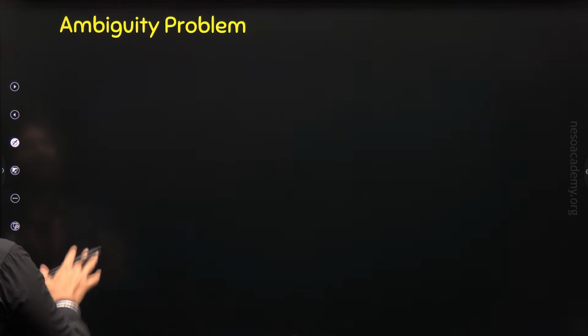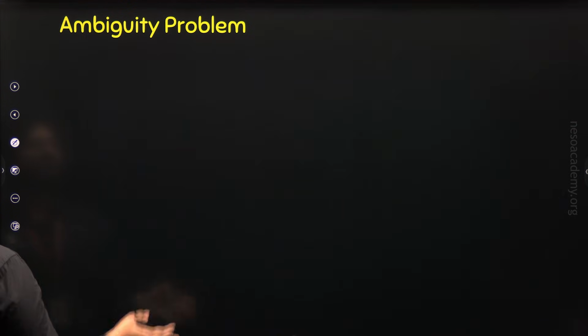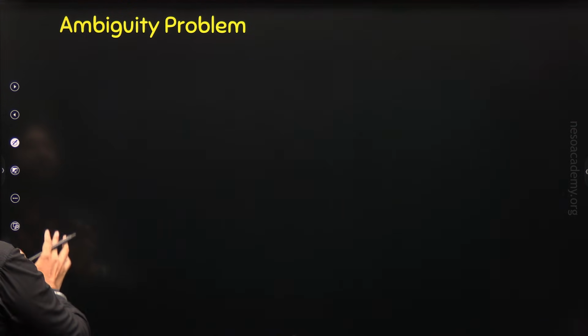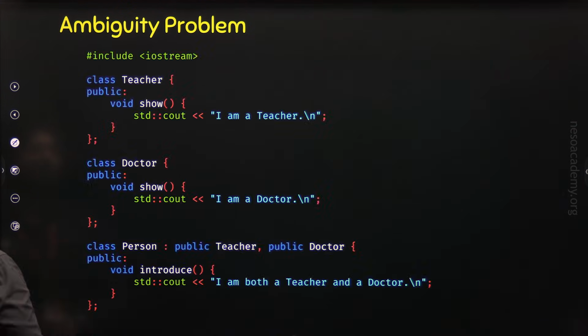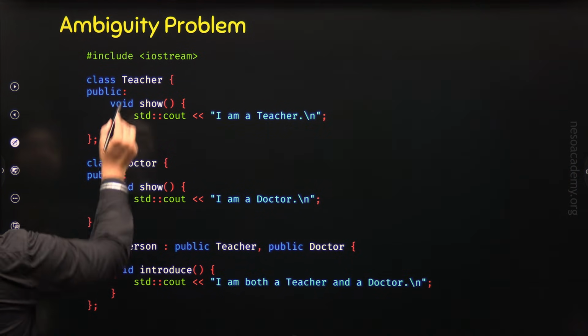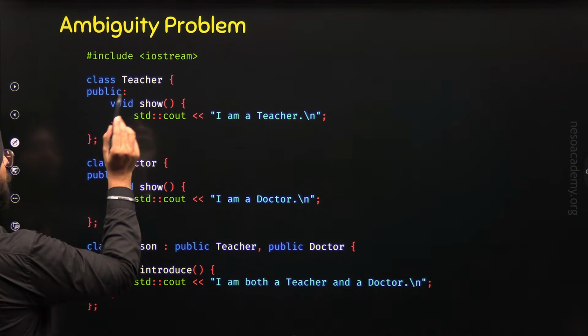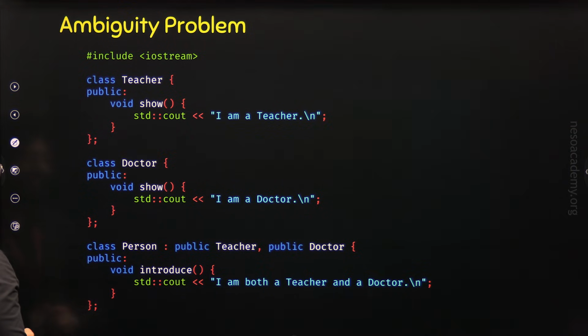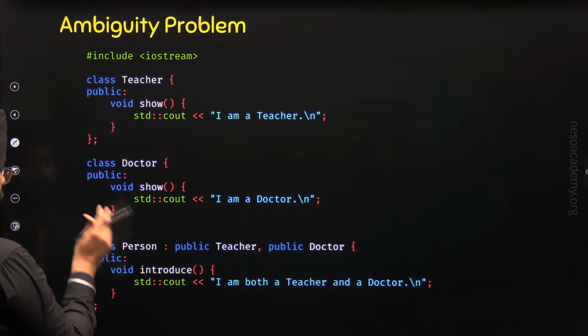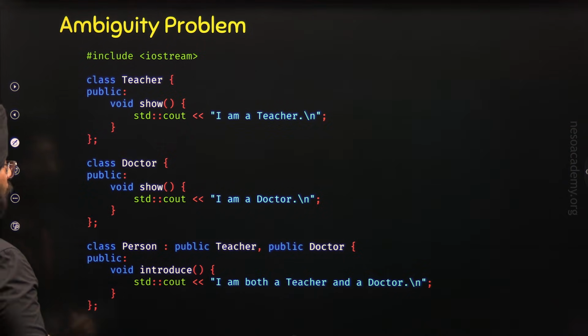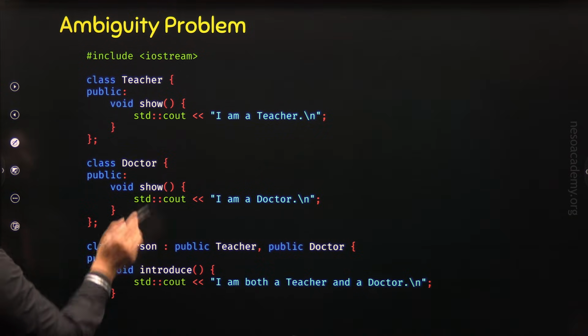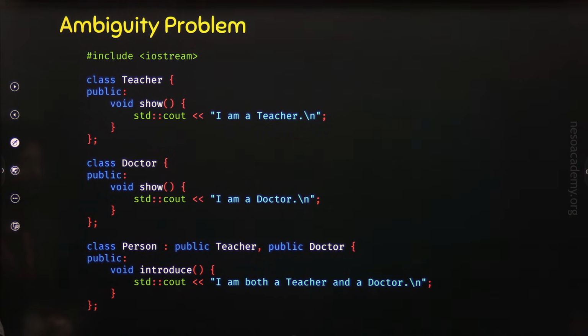To properly understand the ambiguity problem, we will consider the same example program with some modifications. Here you can observe in these two classes, we now have the show function. And we know these functions are available to this class as well. Therefore, through the object of this class, we can call these functions.